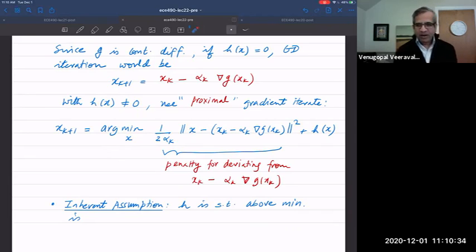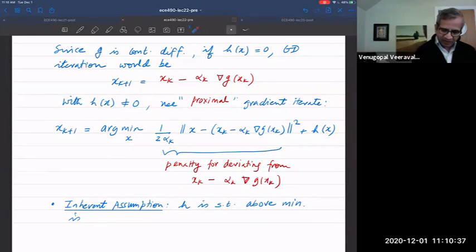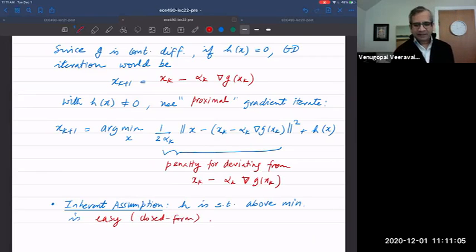So that's the inherent assumption: h is such that this minimization is easy. In fact, you would like it to be in closed form. You don't want to have to do any iterative procedure to find this.